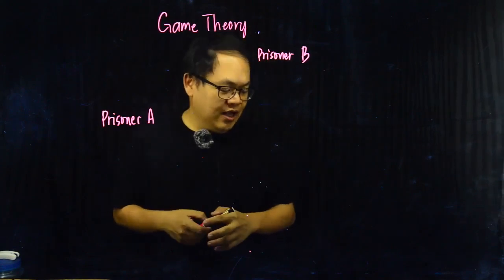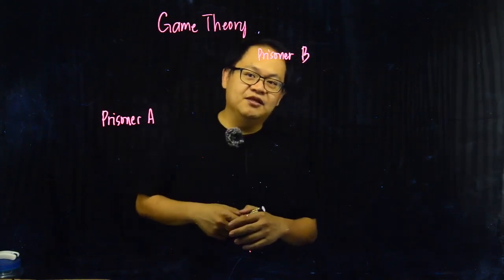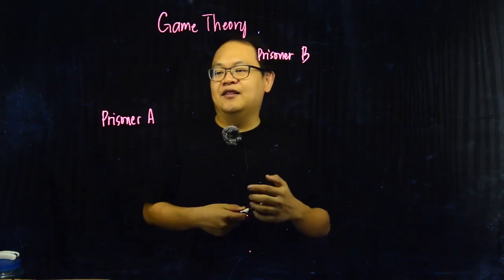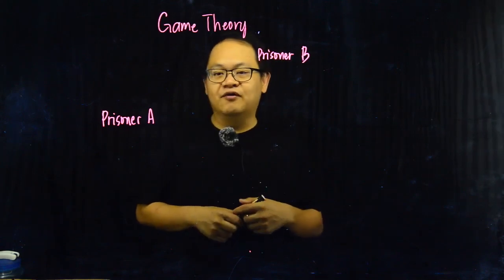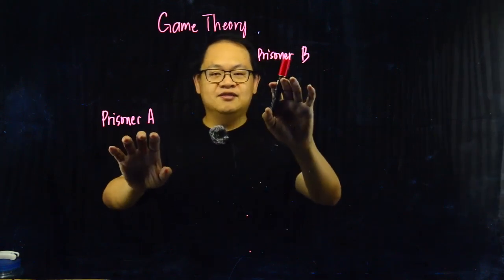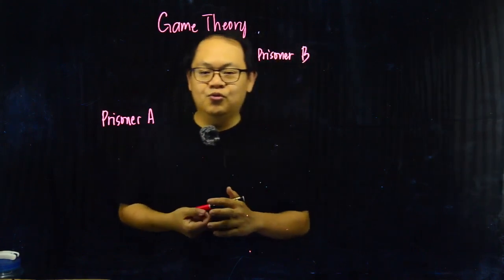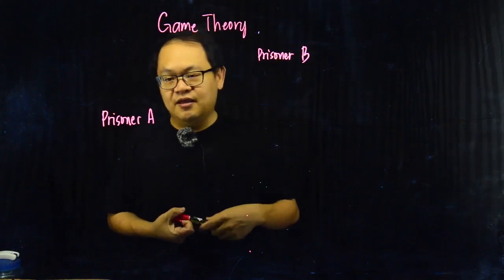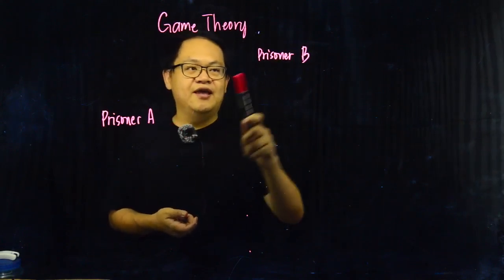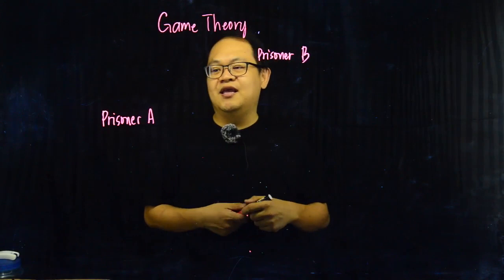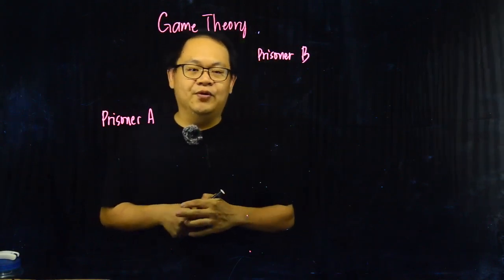Okay? Now, in this situation, mathematicians usually say that the best scenario is for the police to put these two prisoners in two separate rooms. Okay? So two interrogation rooms where prisoner A and prisoner B do not have any contact at all. Okay?